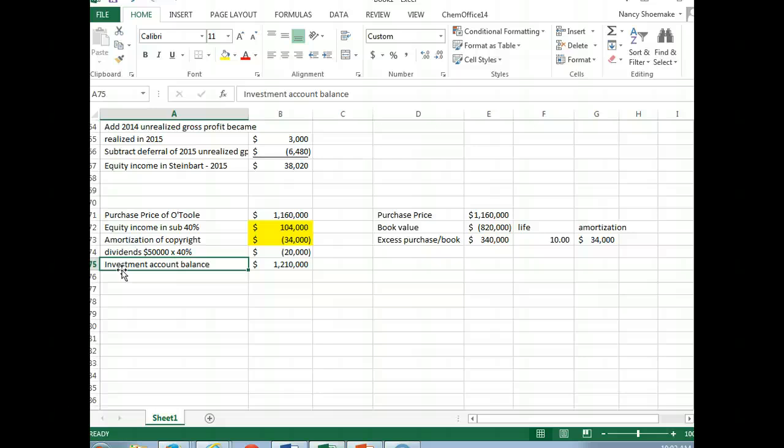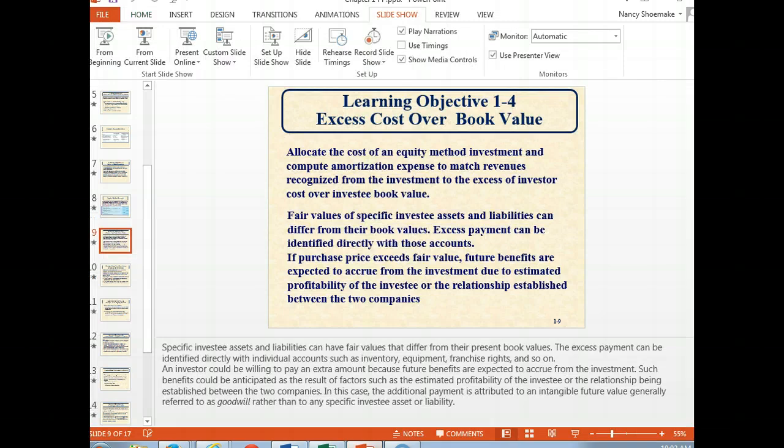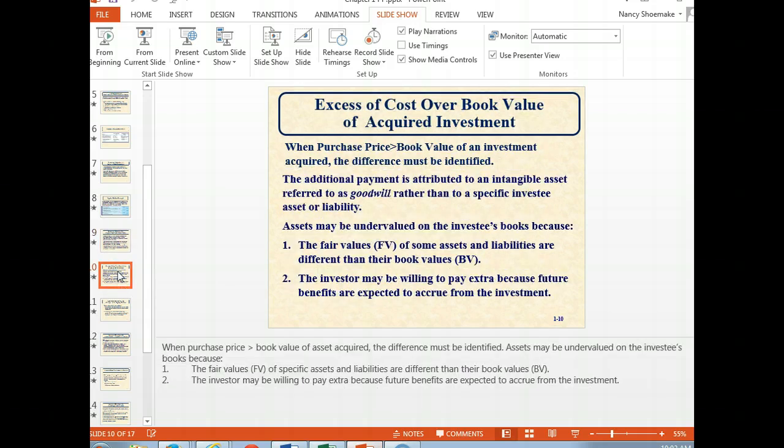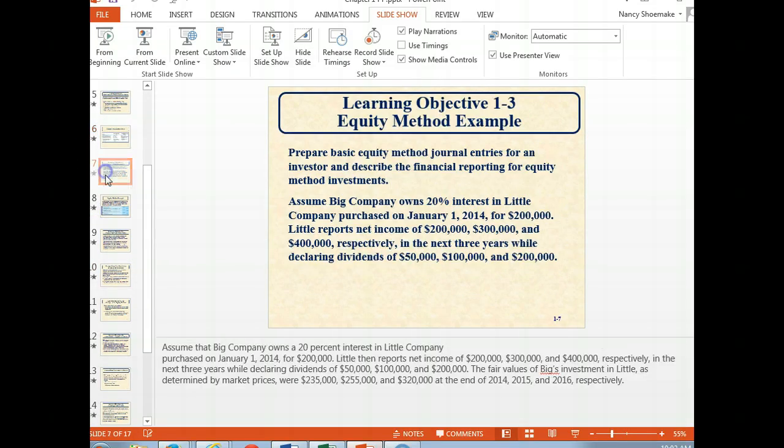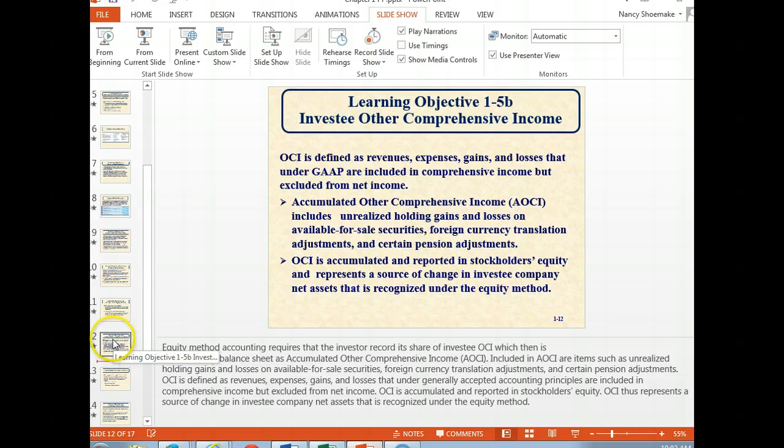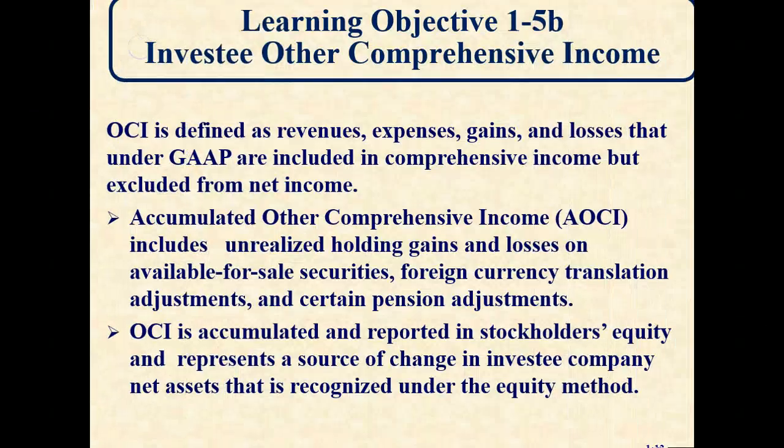Now we're going to add something else. There are at times income that is listed in the books as OCI, other comprehensive income.